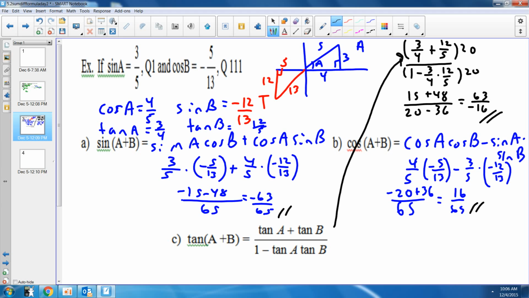If the question is, where does the angle A plus B terminate? The way you find that out is you think about Santa Claus. So you would know the sine of A plus B is negative, which means if the sine is negative, it's got to be down here for SATC, right?